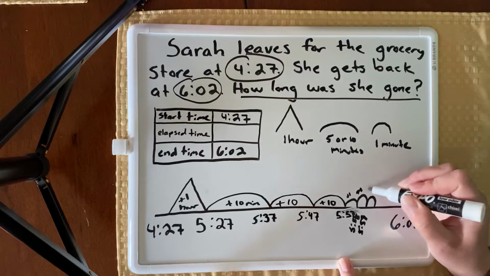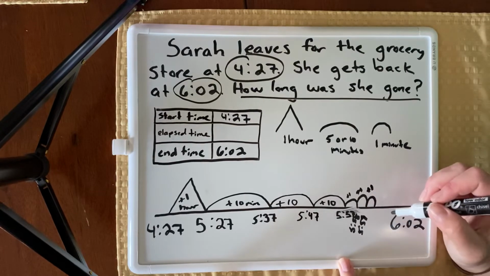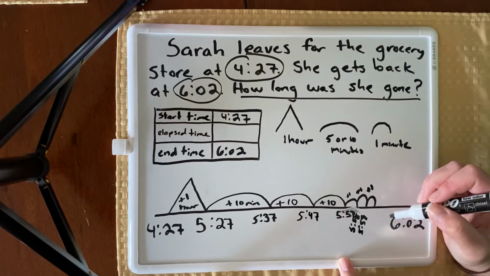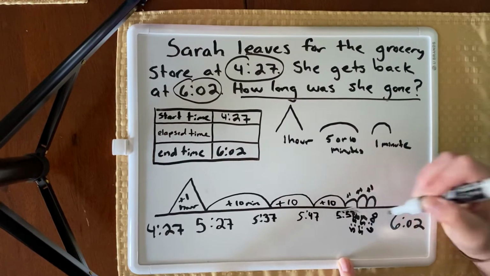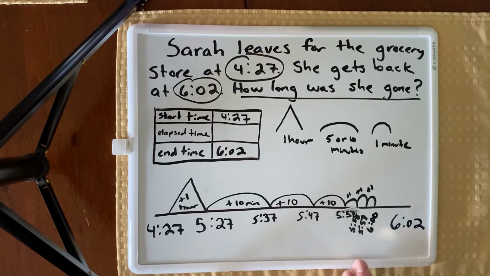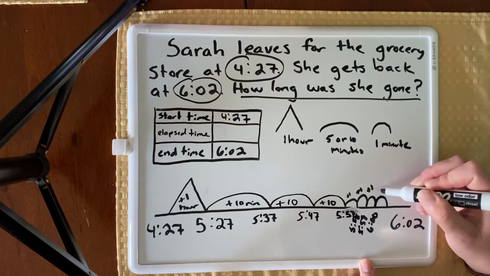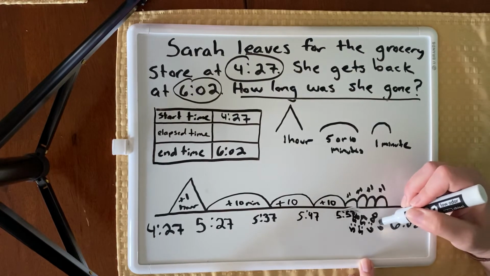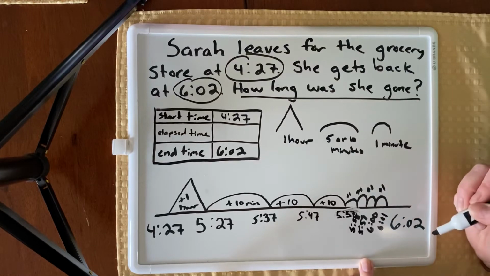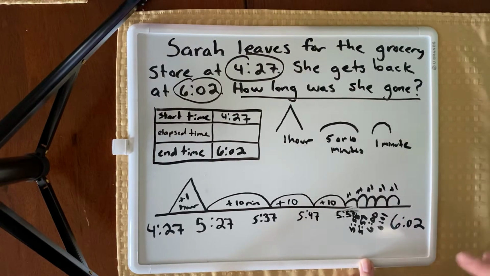Do another plus 1. 59 plus 1 would be 60, but we won't say 5:60, right? We would say 6 o'clock. Let's keep going. We've got to get to 6:02. 6 o'clock plus 1 would be 6:01. I'm almost there. I've got to do one more, and now I'm at 6:02.